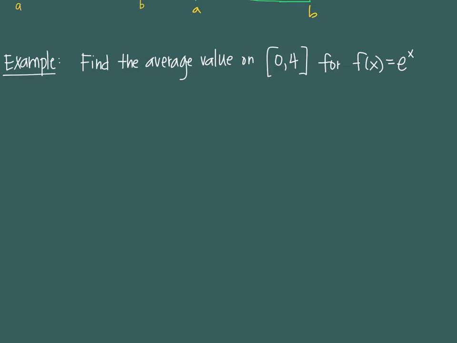Visually, e to the x on 0 to 4 looks like this. It crosses through and then heads up. So we've got 1, 2, 3, 4. One big wave.